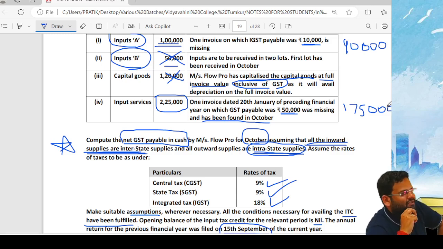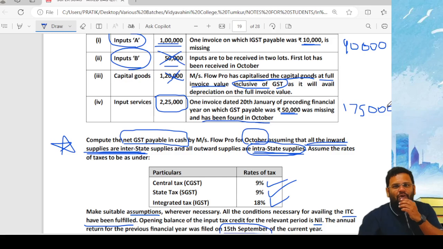After 15 September you cannot make any change, and right now we are in October, so you cannot take that ITC of 50,000. If you had not filed the annual return, it was possible, but you filed it last month only. So out of that 225 you cannot take 50,000. You can take 175.